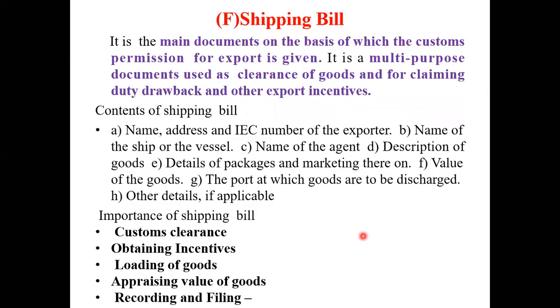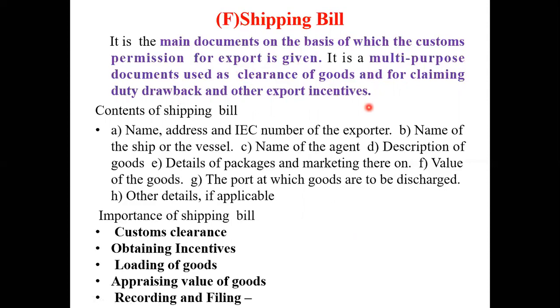Now, let us see the shipping bill. As I have already told you, the shipping bill is the most important legal document for the exporters. The customs gives permission for the export by means of the shipping bill. It is a multi-purpose document used for the clearance of the goods and for claiming the duty drawback and other export incentives.